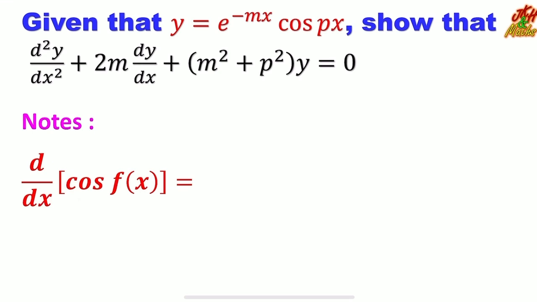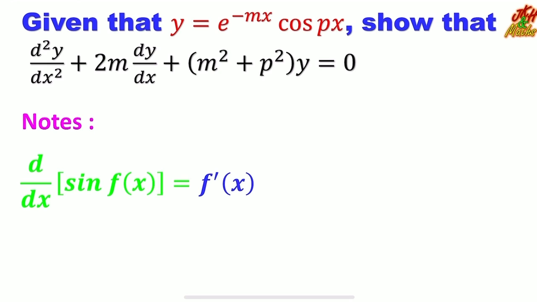When we differentiate cosine f(x) with respect to x, it gives us the first derivative of f(x) multiplied with negative sine f(x). When we differentiate sine f(x) with respect to x, it gives us the first derivative of f(x) multiplied with cosine f(x).